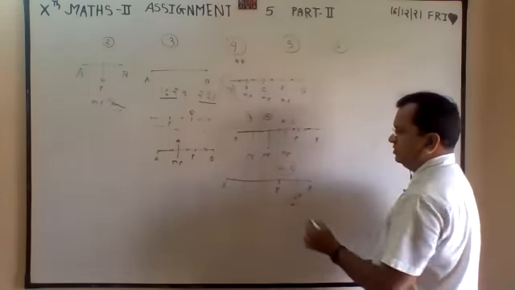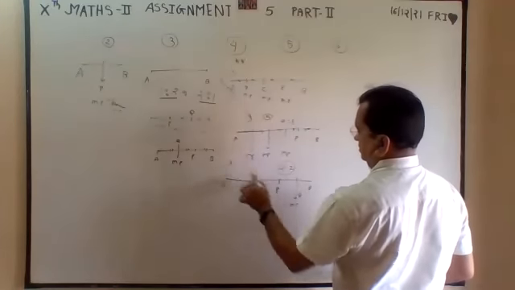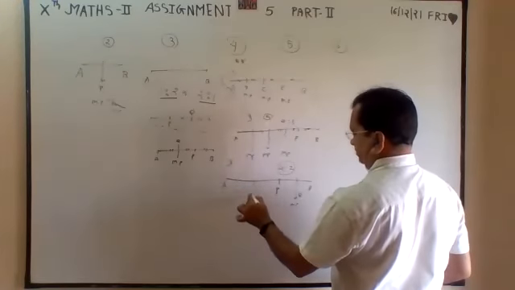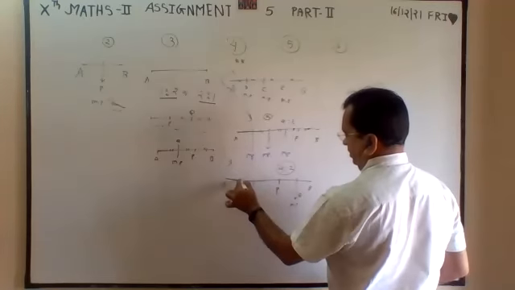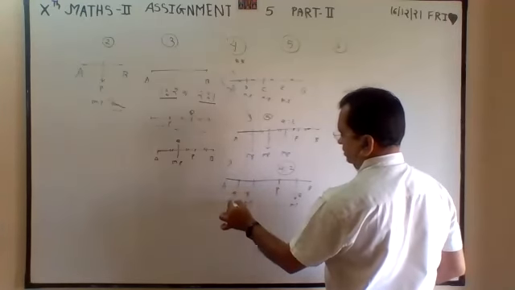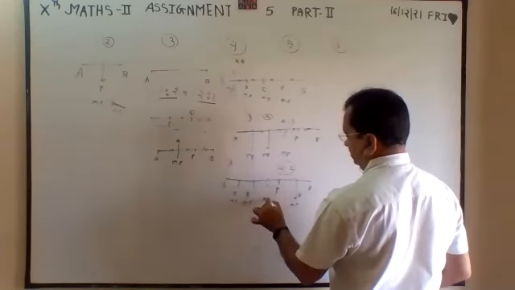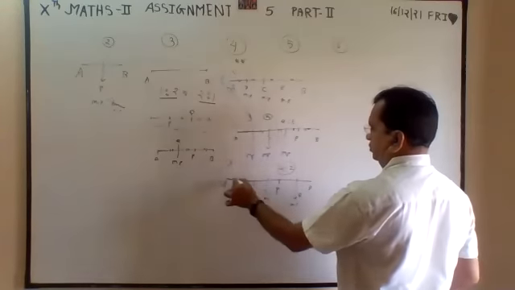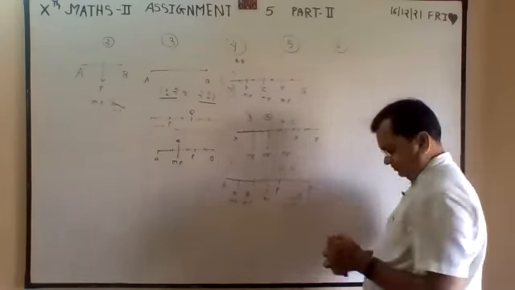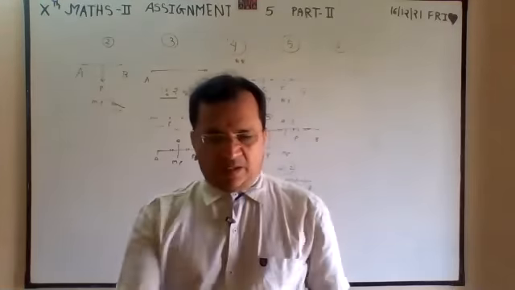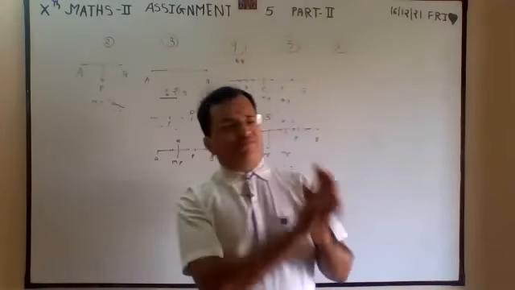So you will get Q. Then 4 part. Again you do like this. So half of this PQ are midpoint. Half of this midpoint. Half of this. So this and this also equal. So like that they can ask 2 part, 3 part, 4 part, 5 part, 6 part.